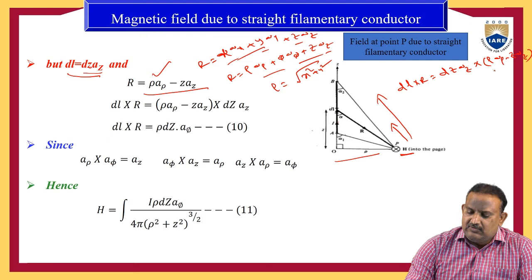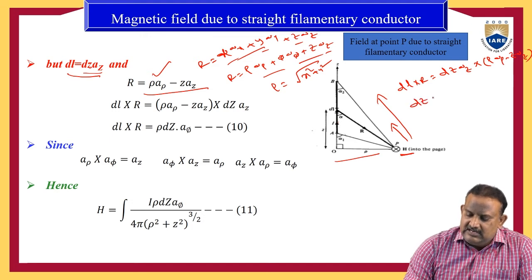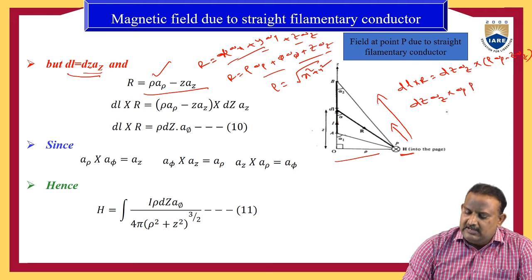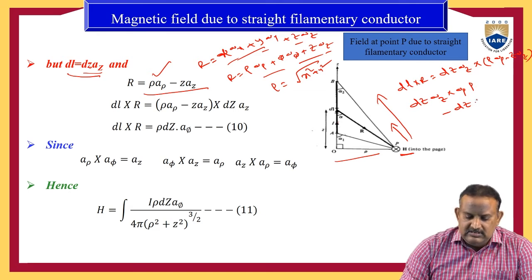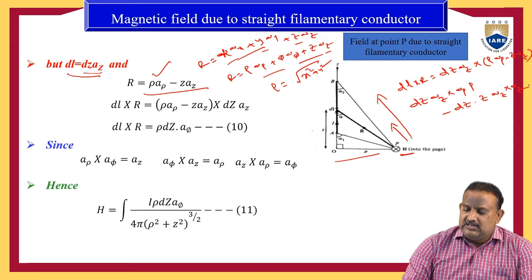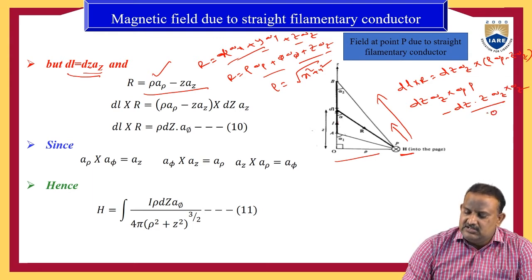If you multiply the equation, it is dz into a_z cross a_rho into rho, minus dz into z into a_z cross a_z. So a_z cross a_z becomes 0.